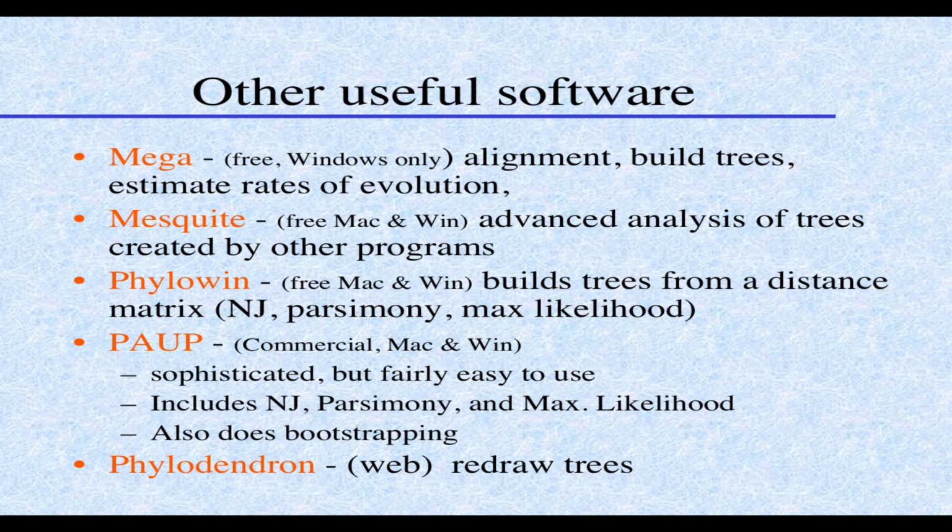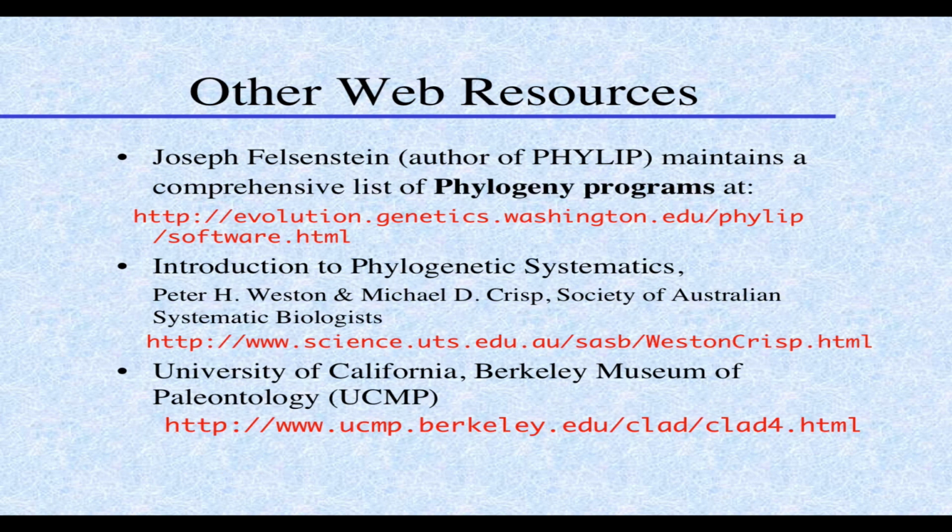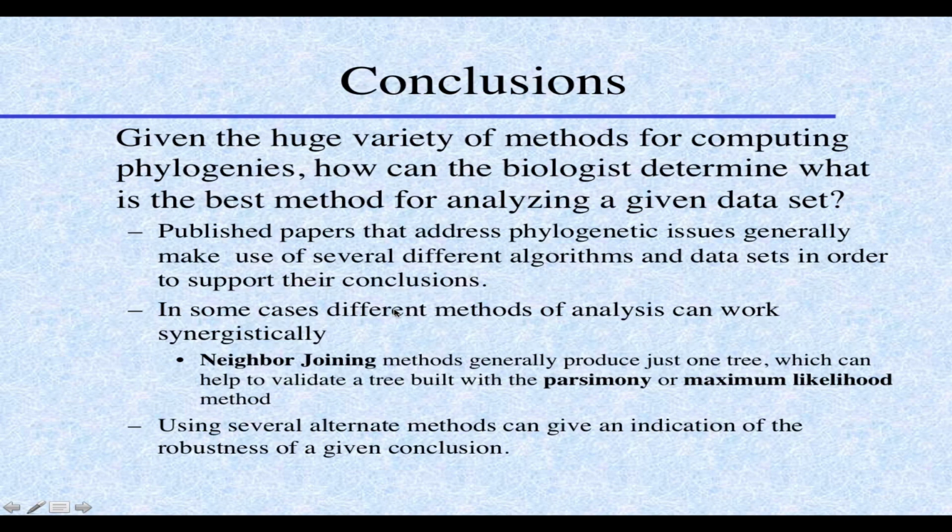But again, very strongly supported by the reviewing community. So if you've done your trees with PAUP and you document what you've done, you're probably going to be positively reviewed. And Philodendron is a tree drawing tool that can make pretty pictures once you've built a tree with something else. Other web resources you can look up yourself.